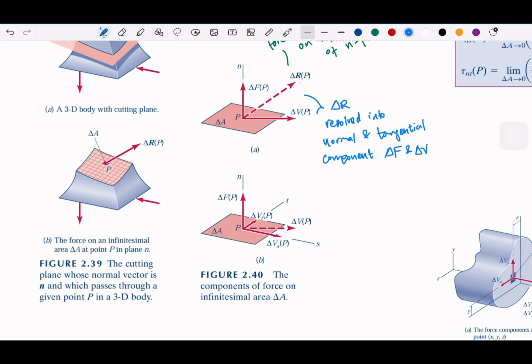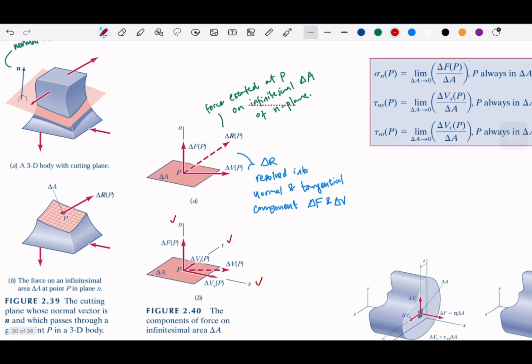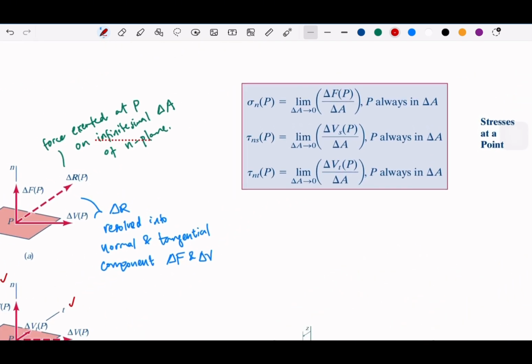Okay, so directions for the N, the T, and S. So the first one is the normal stress, or the sigma N, at P, we define as the limit as the delta A goes to 0, as it gets really, really small, so that you can imagine the force will be concentrated on a very small piece of the A.